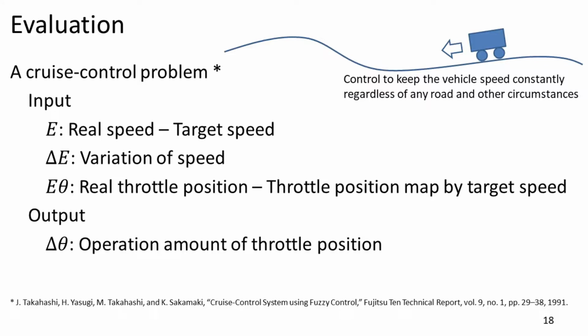It has three inputs: E, real speed minus target speed, delta E, variation of speed, and E theta, real throttle position minus throttle position map by target speed, and it has one output, delta theta, operation amount of throttle position.